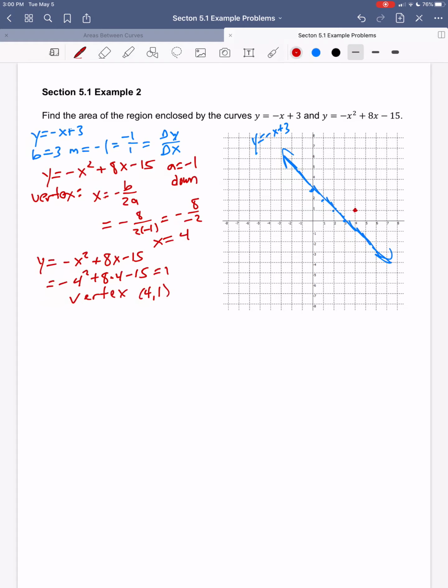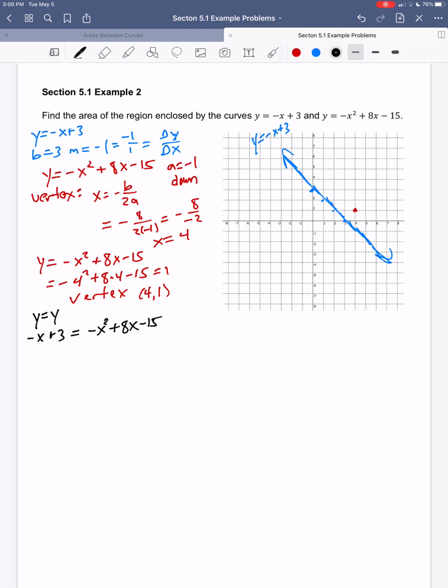Now we know it's opening down. We're going to need to know where these two curves intersect. So to find where they intersect, I can set the y-coordinates equal to each other. So that's going to say negative x plus 3 equals negative x squared plus 8x minus 15.